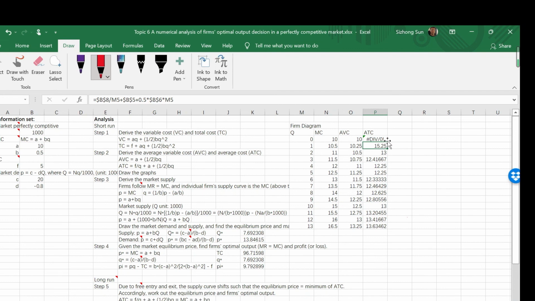So this is not defined, so let's get rid of this value here. Then we can draw the cost curve.